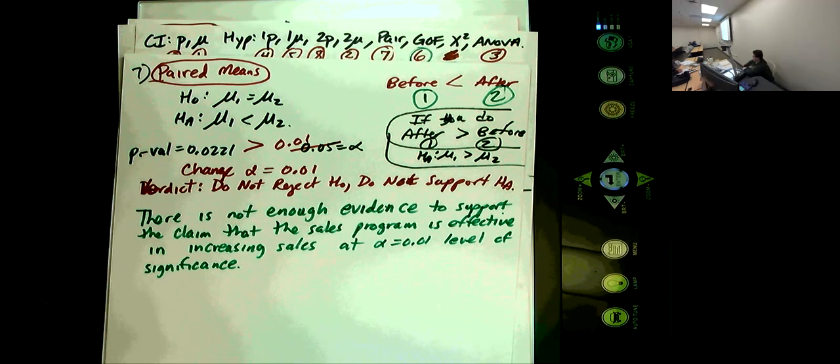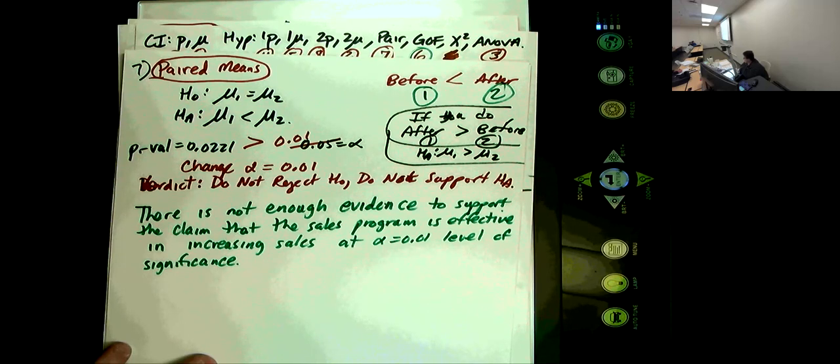In some of these scenarios, the choice of alpha really says whether or not we're going to support the claim or not. The p-value is 0.02. If we went with the standard 0.05, we would support the claim. So it's kind of like, how important is that alpha?